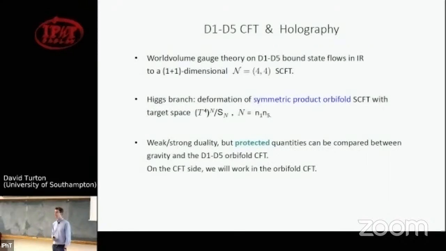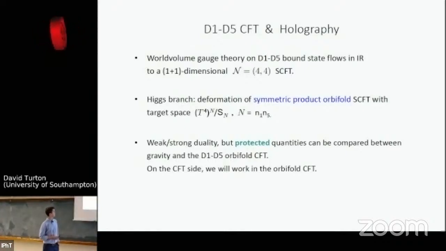When we do holography, let me review, as was nicely reviewed in Sean's talk a few days ago, the worldvolume gauge theory on the D1D5 bound state flows in the infrared to a 4,4 superconformal field theory. The relevant part of the theory is its Higgs branch, which is a deformation of the symmetric product orbifold on a target space T4 to the power N modulo the symmetric group S_N, where N is N1 N5.